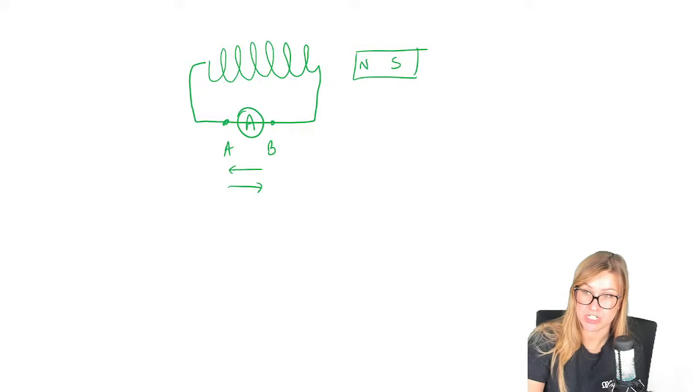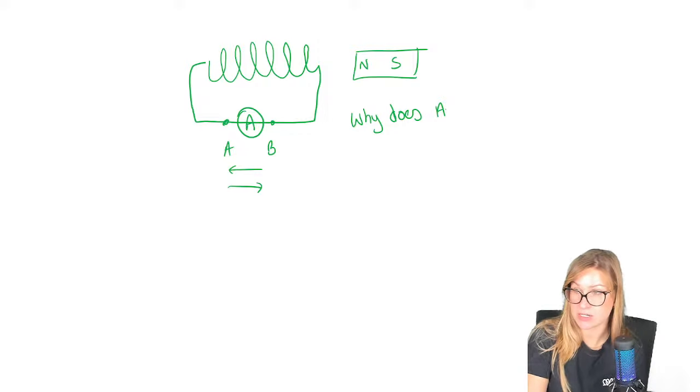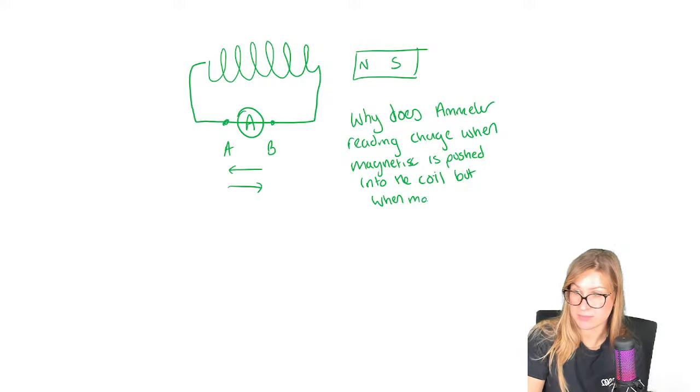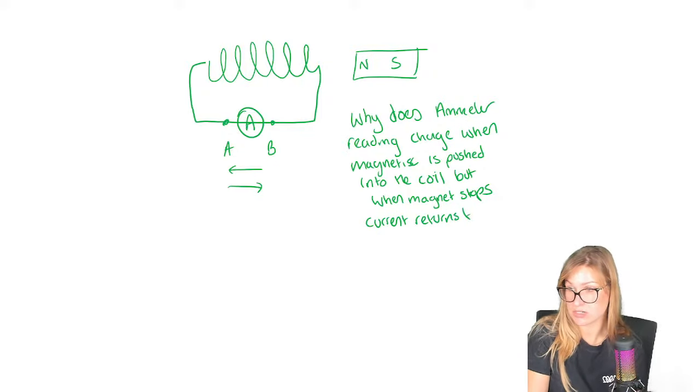So this was a past paper question. The question was, why does the ammeter reading change when the magnet, sorry, I can't spell magnet, is pushed into the coil, but when the magnet stops, the current returns to 0?